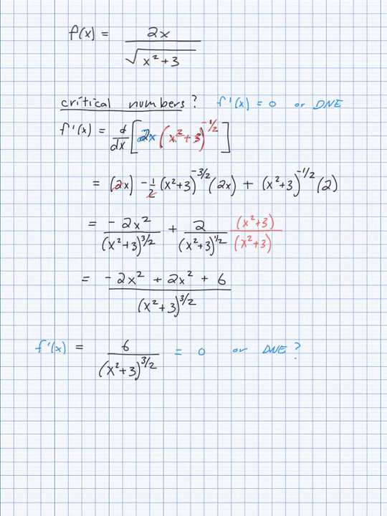And if there were values of x that would make the function f prime of x undefined, it might be having a 0 in the denominator, but because x squared is always positive and we're adding 3, this will never equal 0. And so the result is there are no critical numbers for this function, and that means that there will be no relative extrema.